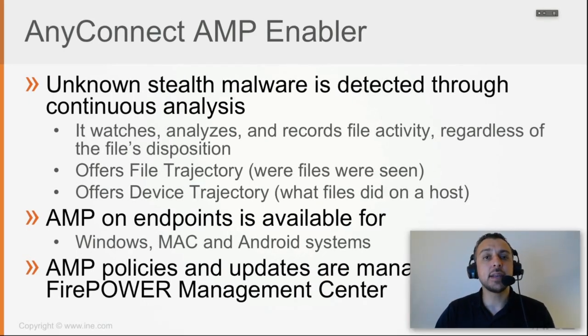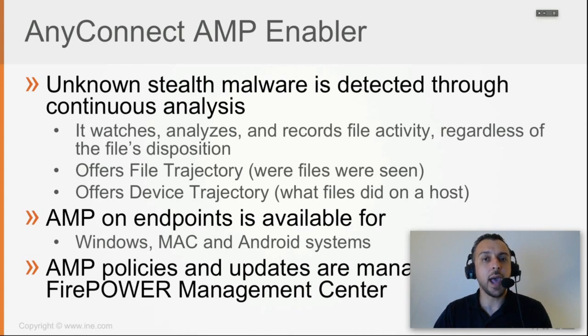Now, of course, AMP has a set of signatures, does machine learning and machine behavior analysis, but pretty much the intelligence of AMP is not on premises, it's in the cloud. We spoke before about the web security appliance, email security appliance, NGIPS, and next generation firewall, all of them having that AMP capability, and also now AMP on the endpoints.